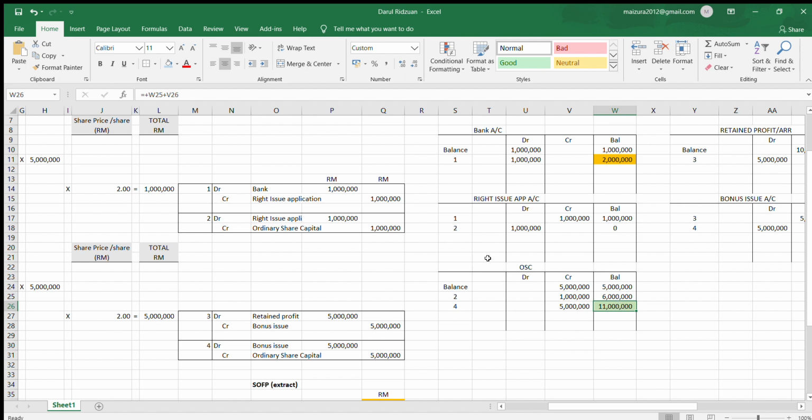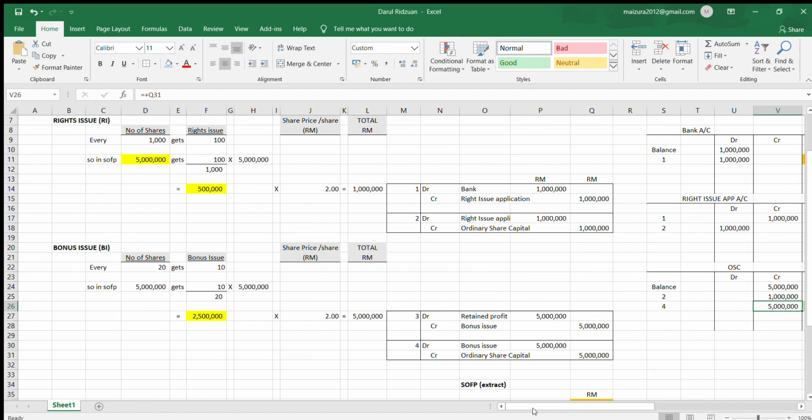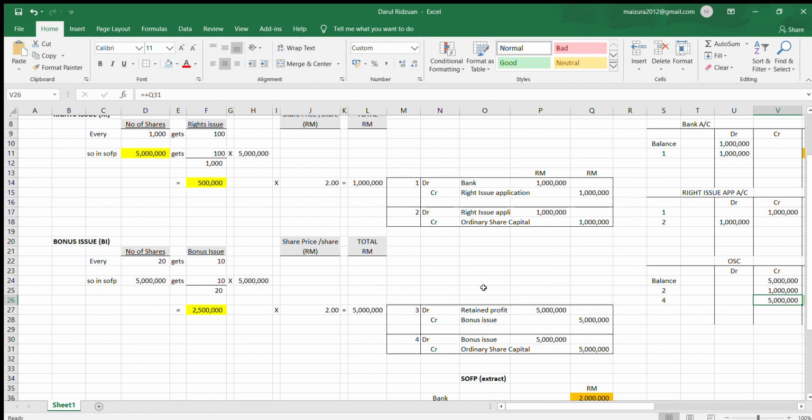Remember, your ordinary share capital will be only one account here, comprising the existing shares, maybe IPO, the right issues, and also the bonus issues. Now, we have completed what is required in the question. Of course, you must have your workings here. If not, you get confused and you get lost.